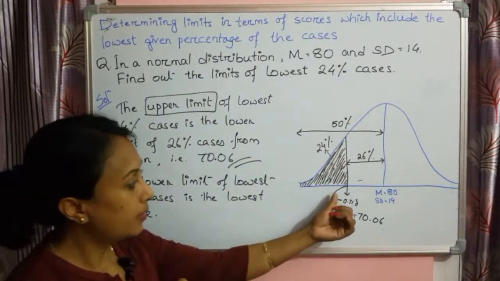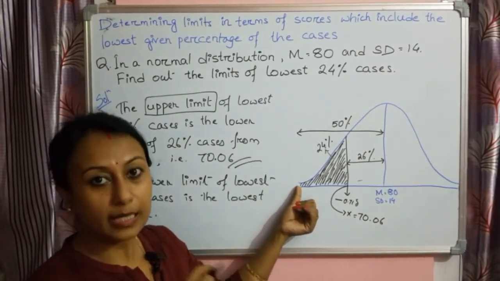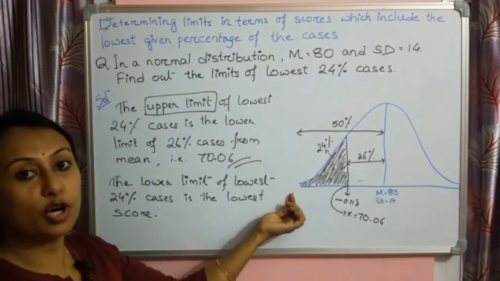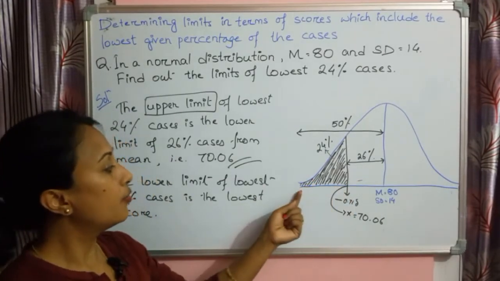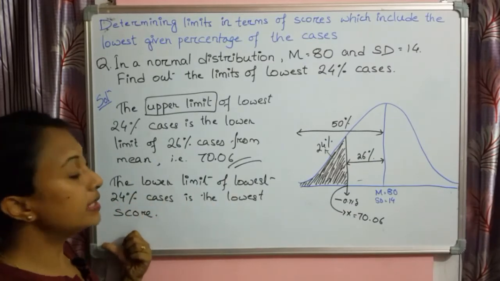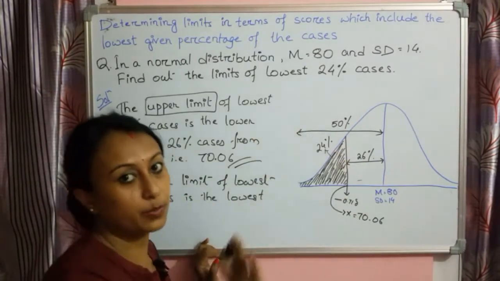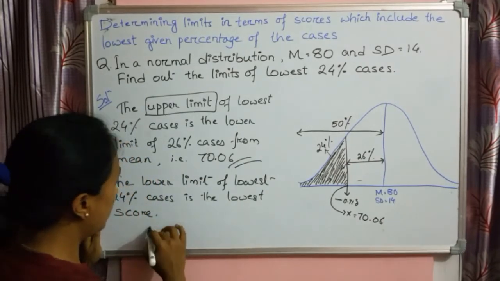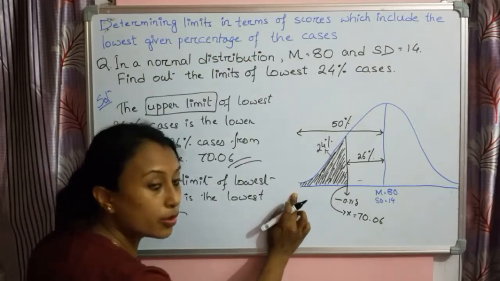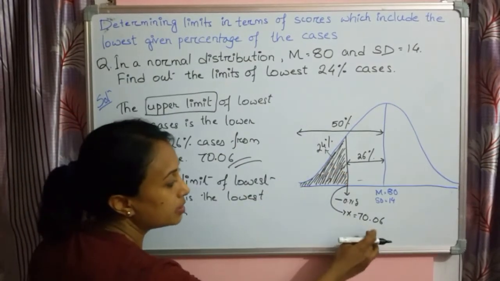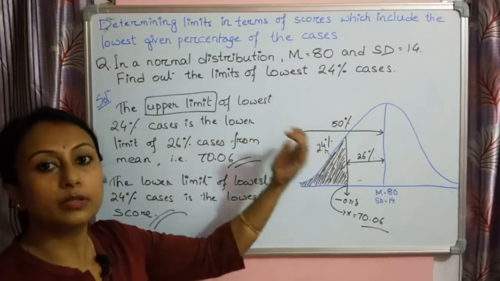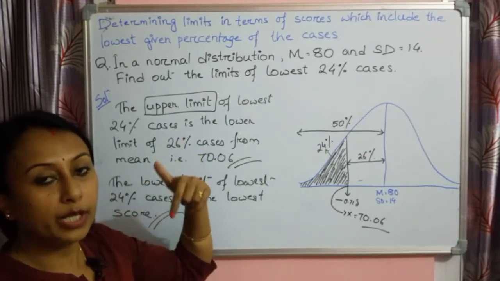Because this NPC is open and infinite, we write that the lower limit of the lowest 24% cases is the lowest score of the distribution. So the lower limit is the lowest score of the distribution and the upper limit is 70.06. This is similar to the previous application that we did.